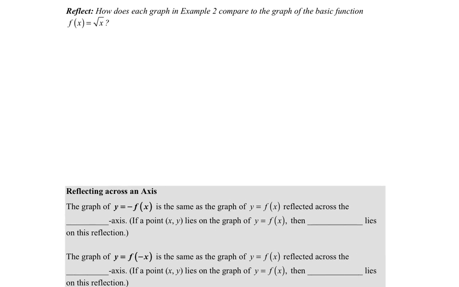So how does each graph in example 2 compare to the graph of the basic function f of x equals the square root of x? When we did g of x was negative f of x, it was a reflection over the x-axis.